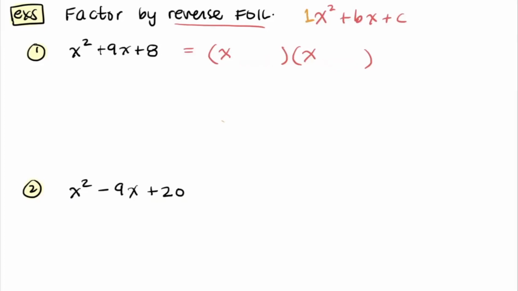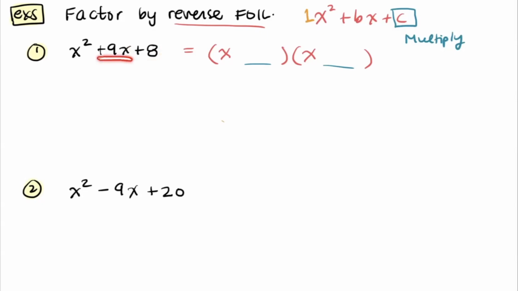So if we think about what happens when you multiply binomials, we do first, outer, inner, last, and the last things here and here need to multiply to the c value, that number that's alone here. So we need two numbers that multiply to, in this case, positive 8.